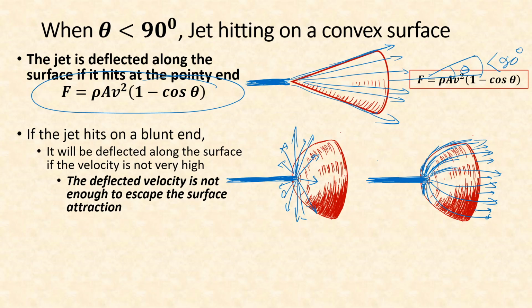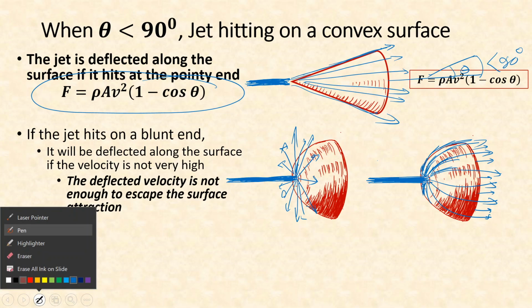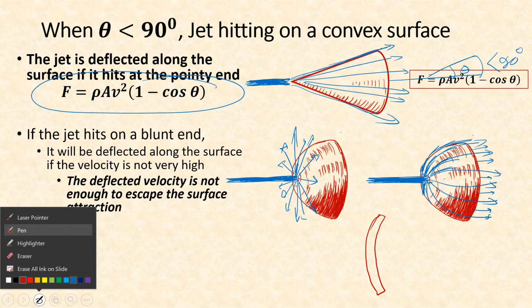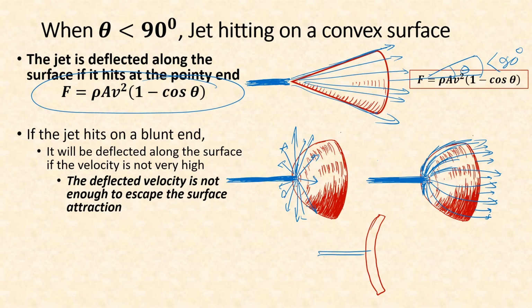Now what happens is that if we have a surface like this, then after the jet hits this surface, it gets deflected in this direction. That means at this point it has a very small component in this direction which is away from the surface, and if the curvature was very sharp, then that component will be even stronger.